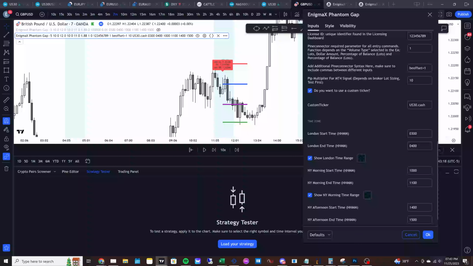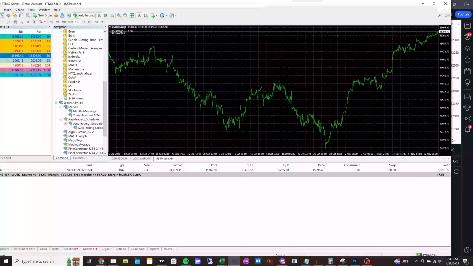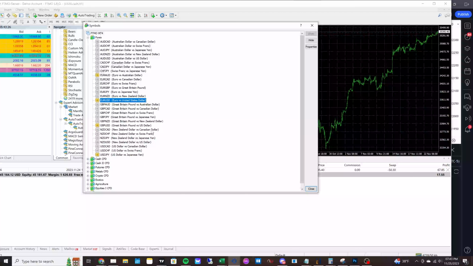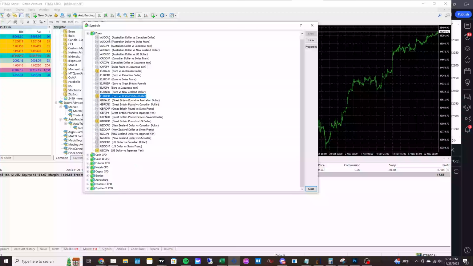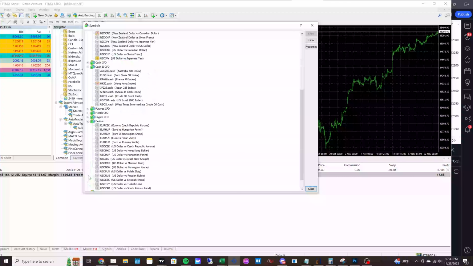That is matching our symbol right here. You can go in here and look up all your symbols. So if the TradingView symbol matches this, you're good. If not, like futures, indices and gold, sometimes they're different.